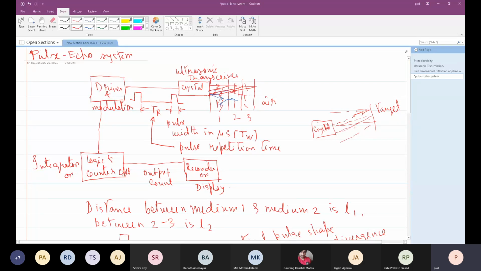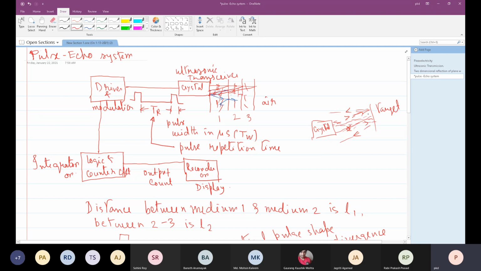Some will be captured by the crystal, some will of course be outside.